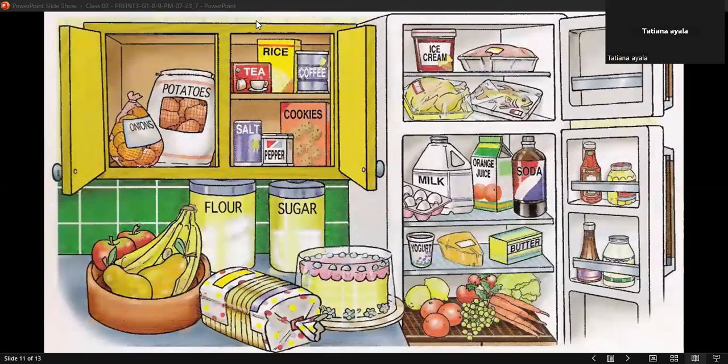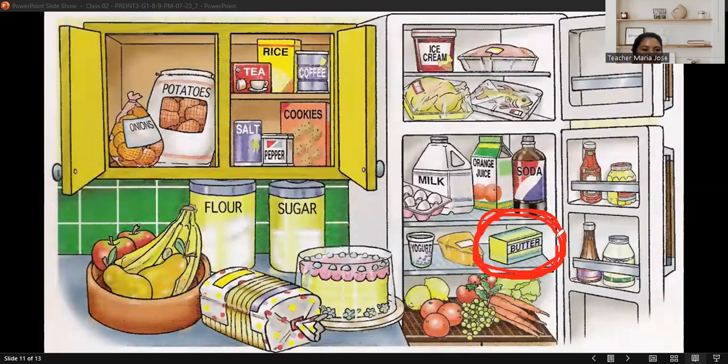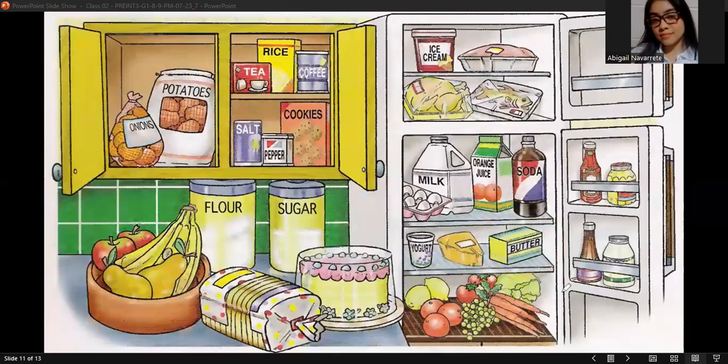Oh, how many butter? Are you sure? How much? How much butter is there? Perfect. What is the answer, Abigail? There is some butter. Perfect.